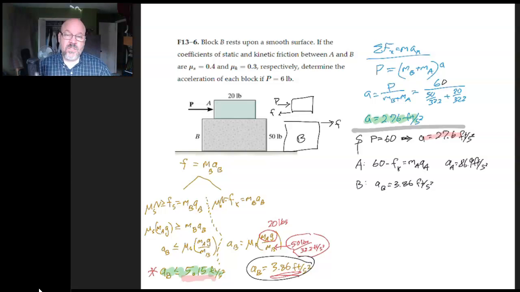In fact, it's going to be much more likely that the bottom block won't move, and the top block would just slide across it. Or we might end up getting the bottom block to slide just a little bit. But think through how that might work. Kind of fun. This one's got lots of little interesting nuances to it.